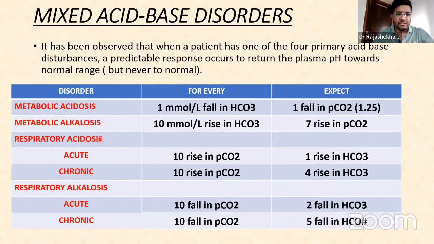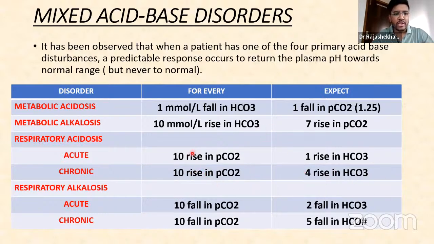In case of respiratory acidosis and alkalosis, they can be acute or chronic. In respiratory acidosis, we know that there is an increase in PCO2. In the acute setting, every 10 mmHg rise in PCO2 increases the bicarbonate by 1, whereas in chronic respiratory acidosis, every 10 rise in PCO2 increases the bicarbonate by 4.